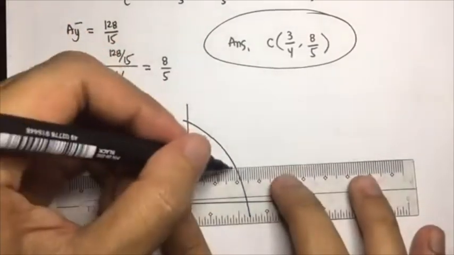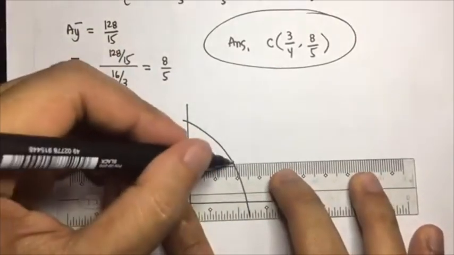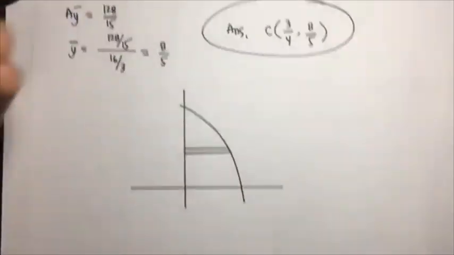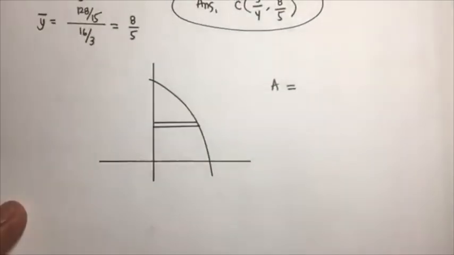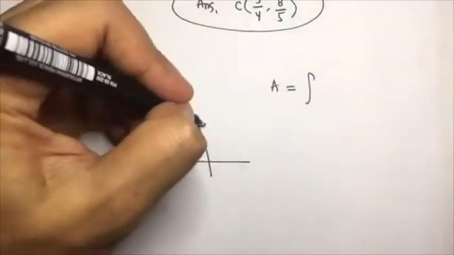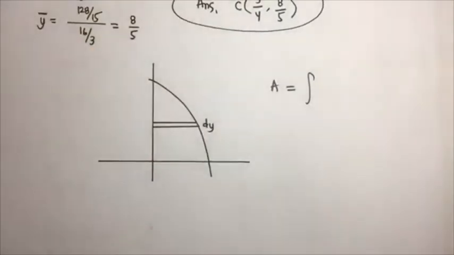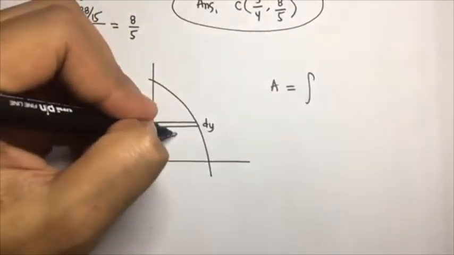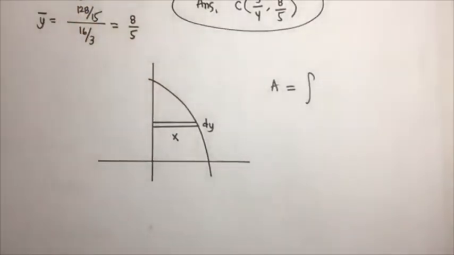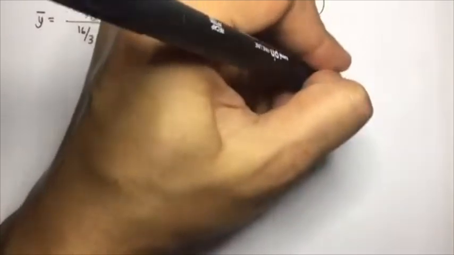When using a horizontal strip, your area will be equal to the integral of, since for a horizontal strip we now have dy, and our length of the strip is x, therefore the area is x dy.